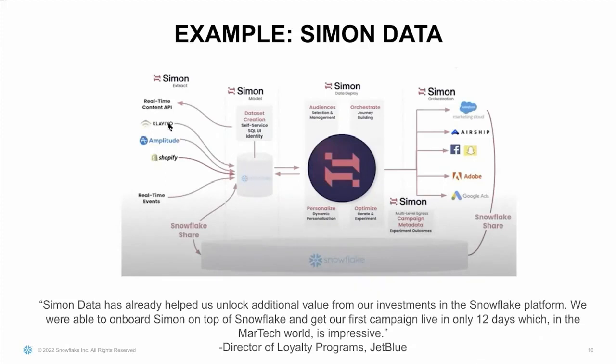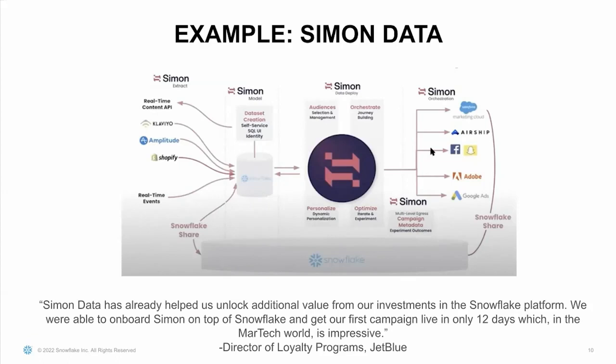They collect the data from multiple sources on behalf of their customers and allow their customers to pull this data into the Simon Snowflake account, where they then do a whole bunch of data mapping. Once that data mapping is done, you get audience segmentation and management. You can create customer journeys, do all the personalization and optimization on the campaigns you want, and ultimately push those campaigns out to the different activation platforms.